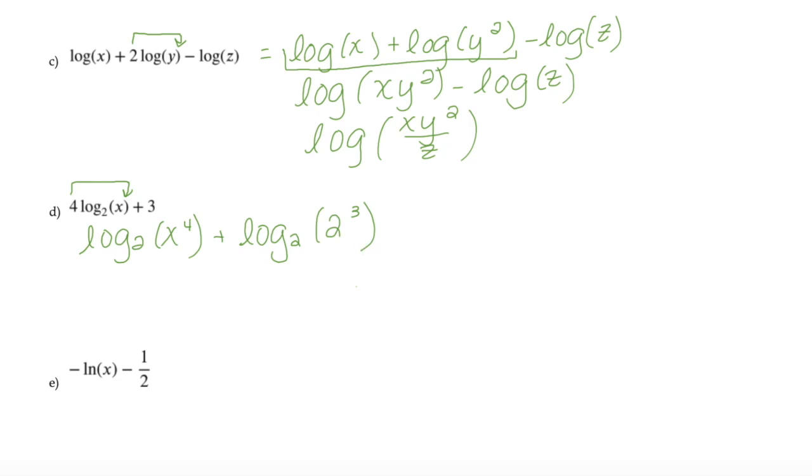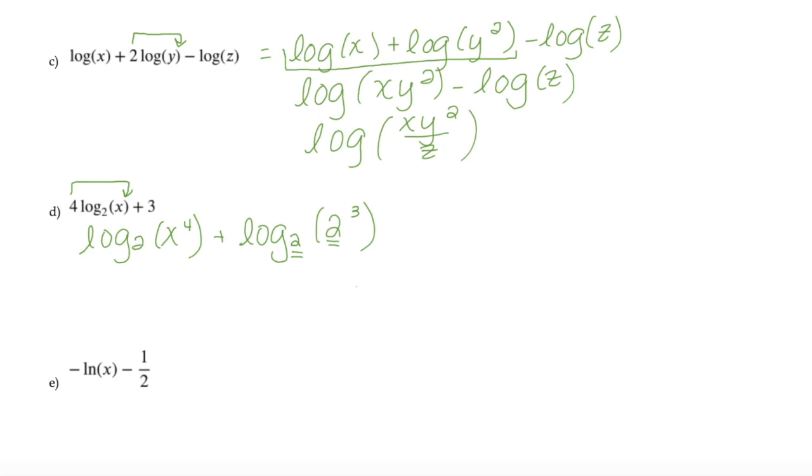As a reminder, looking back at that front page, if I have log base 2 of the same base, those end up canceling each other out, leaving us with just the result of 3. So I'm reusing a property to manipulate it a little bit and rewrite it in such a way that now that I have 2 logarithms, I can combine them together. And we can combine them since we are adding, turning it into multiplication.